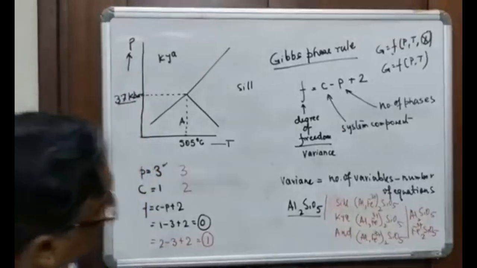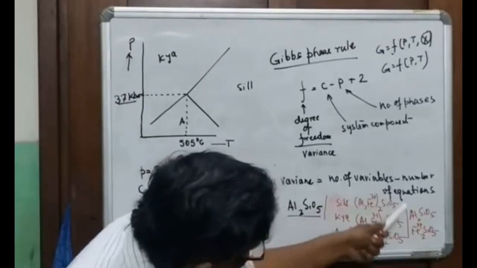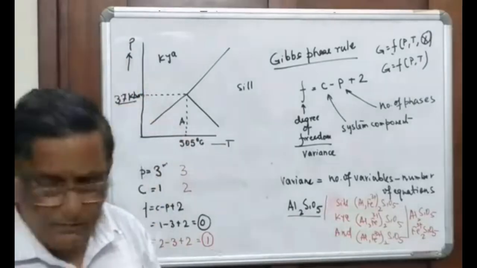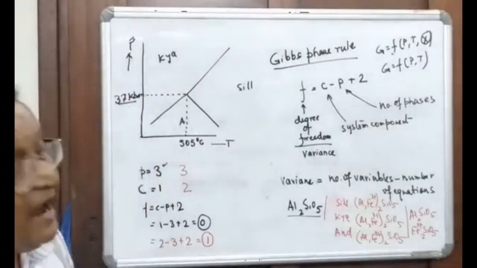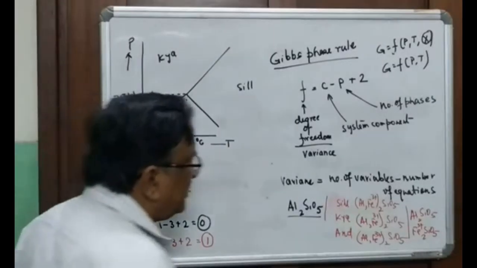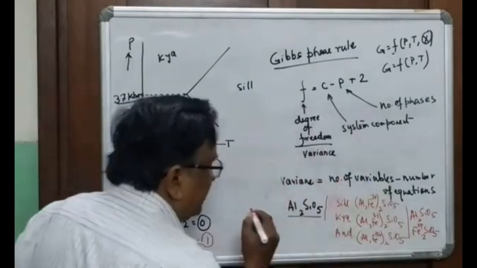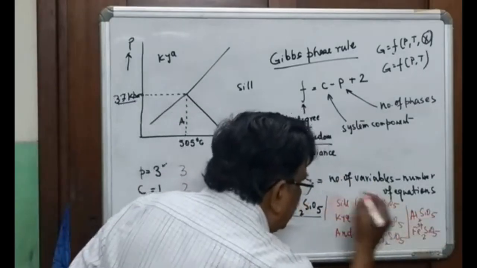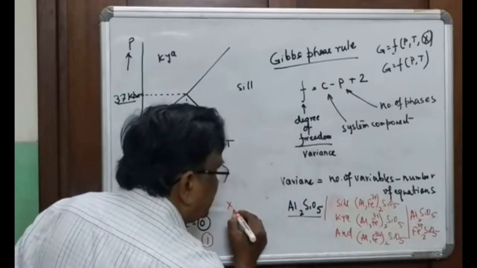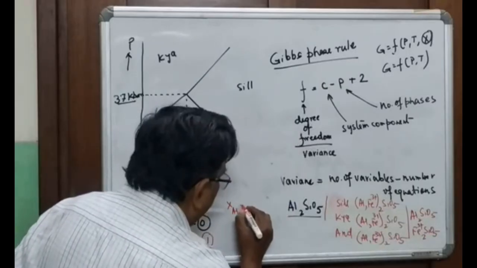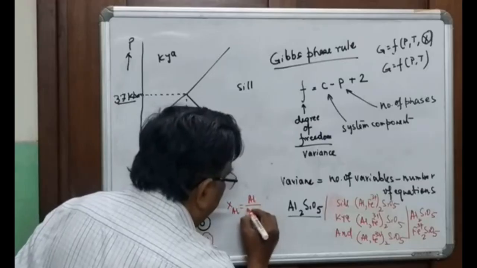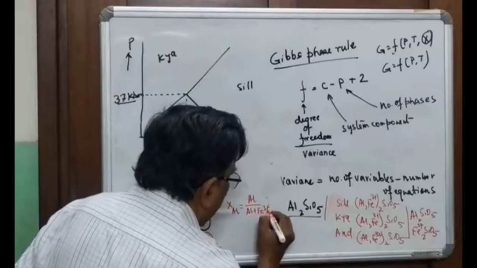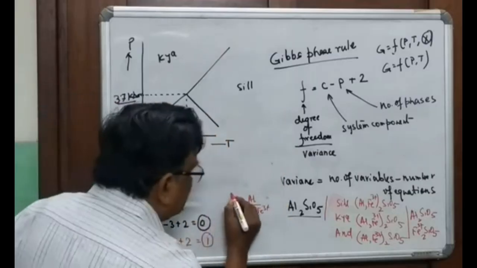Okay, let's look at these compositions. Pressure and temperature, of course, are variables. We have them on the pressure temperature diagram. So what is the other variable? Listen to me carefully. For this composition, I can write XAl is equal to Al divided by Al plus Fe3+, and this is in sillimanite.